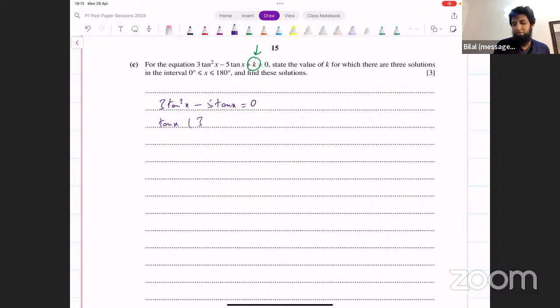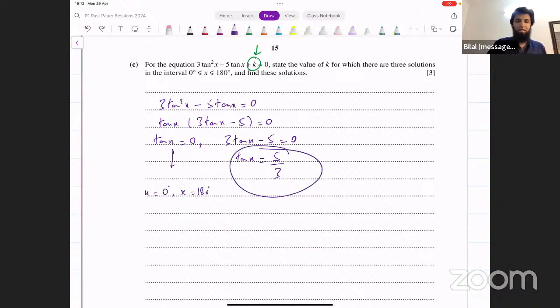And that leaves us with 3 tan x minus 5 equals 0. So when one factor becomes tan x, we get tan x equal to 0. And the other factor is 3 tan x minus 5 equals 0, which gives us tan x equals 5 over 3. Now from this, you would get x equals 0 and also x equals 180.